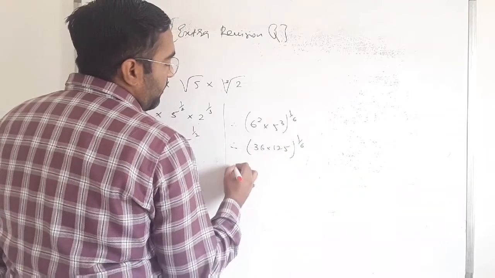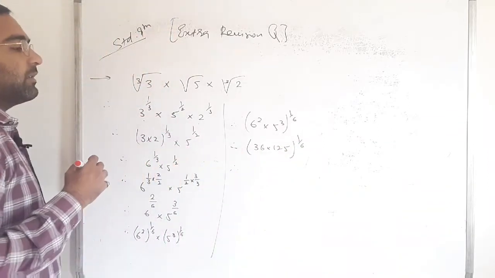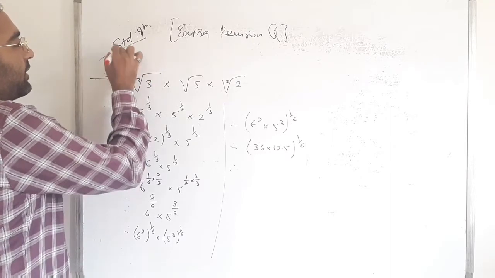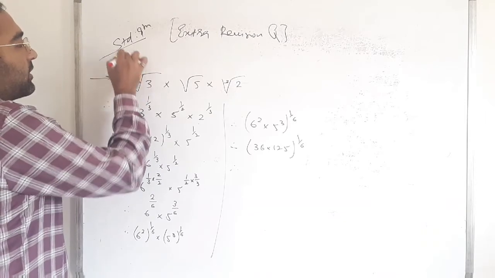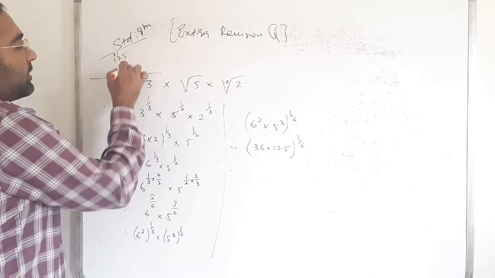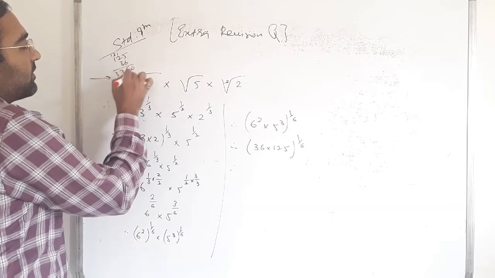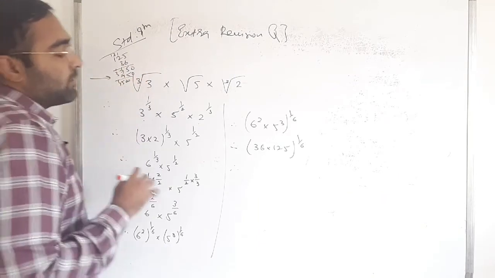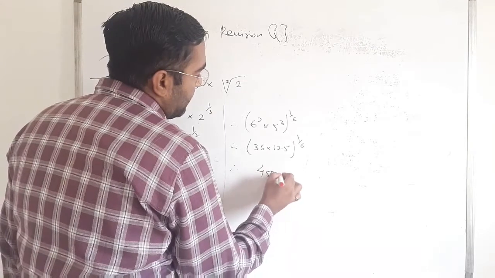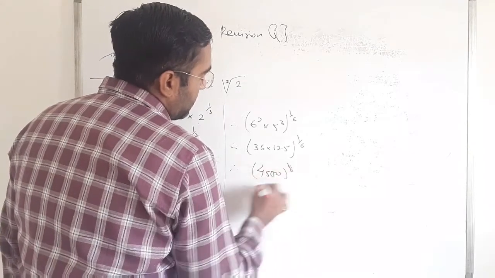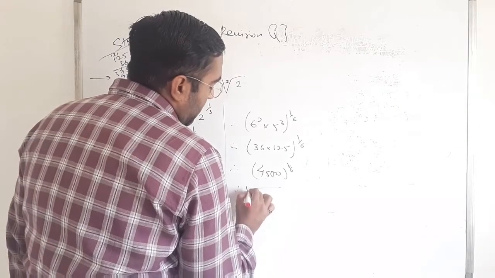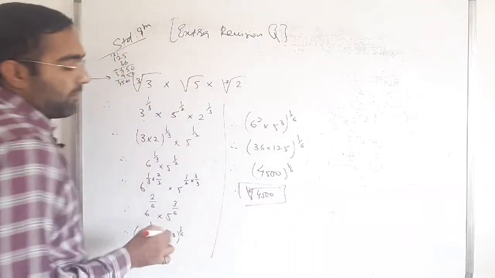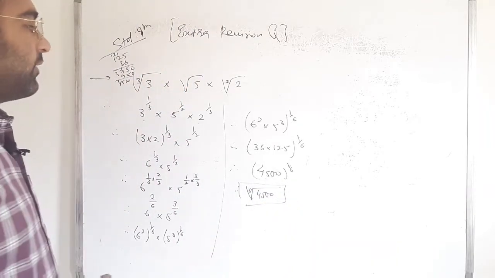Now 125 into 36 is 4500, raised to 1 by 6. So your answer will be the sixth root of 4500. That is the answer of this question.